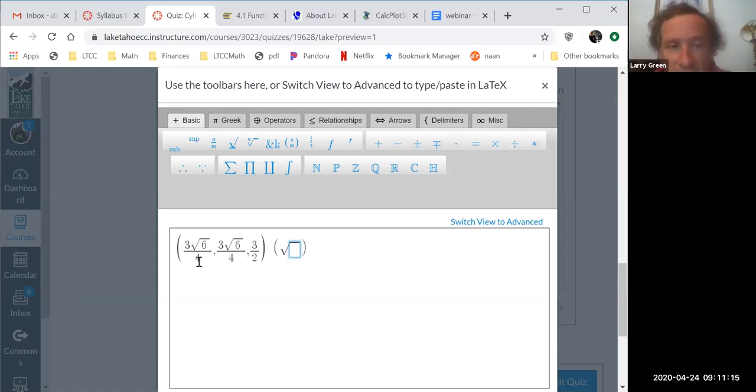Any questions on that? And then y squared is also 9 times 6 over 16, so you get 9 times 6 over 8, and 9 times 6 over 8 is the same as 27 over 4. And we want to take a square root of that. So the square root of 27 over 4 is 3/2 times root 3, or 3 square root of 3 over 2.